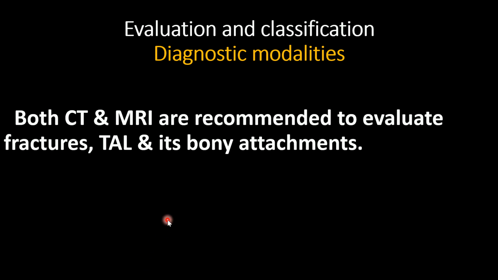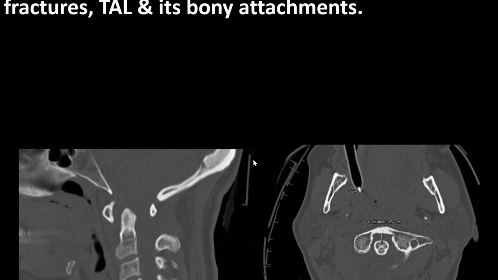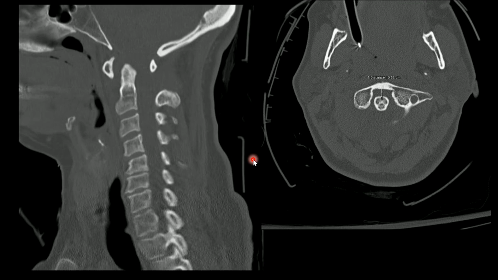The evaluation and diagnostic modalities. Both CT and MRI are recommended to evaluate fractures and transverse ligament injuries with bony attachments. Here we can see the CT. Here we can see the atlantodental interval increased. Here is also increased.